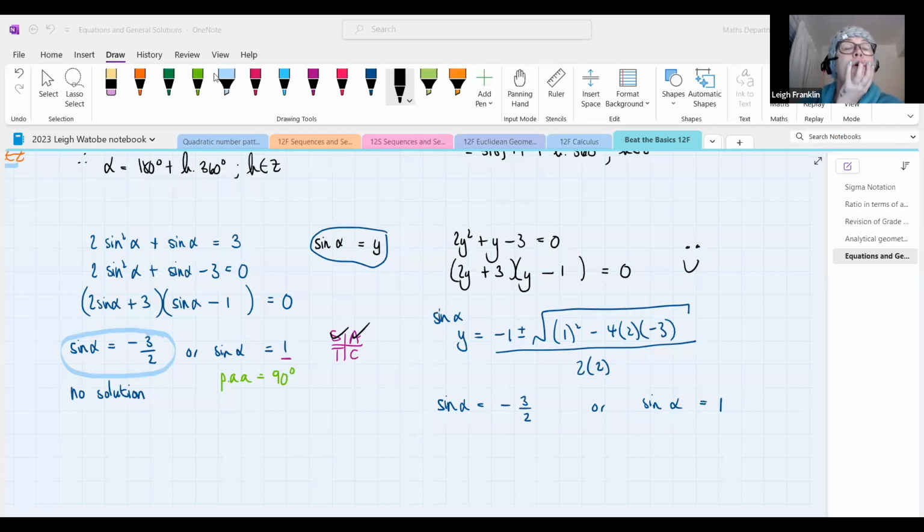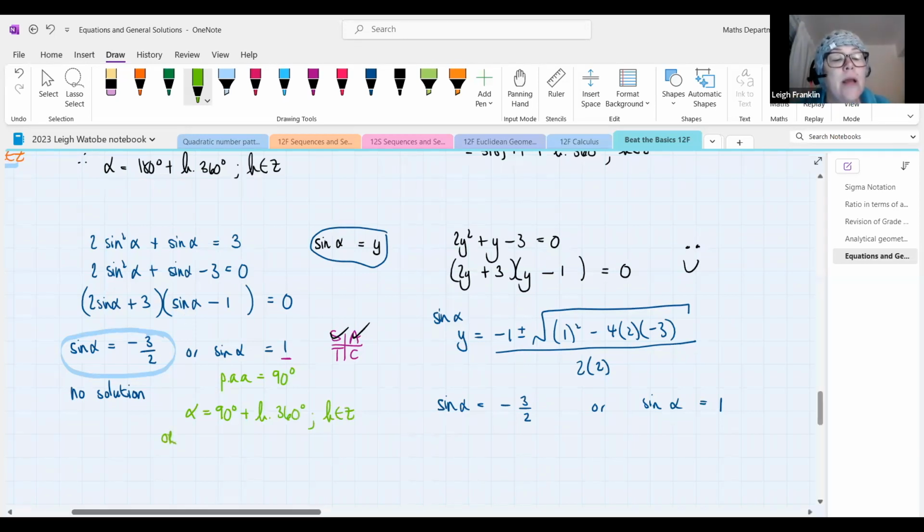In quadrant 1, our angle alpha is equal to our PAA plus K times 360, K is an element of the integers. Or in quadrant 2, alpha would be equal to 180 minus our PAA plus K times 360, K is an element of the integers.